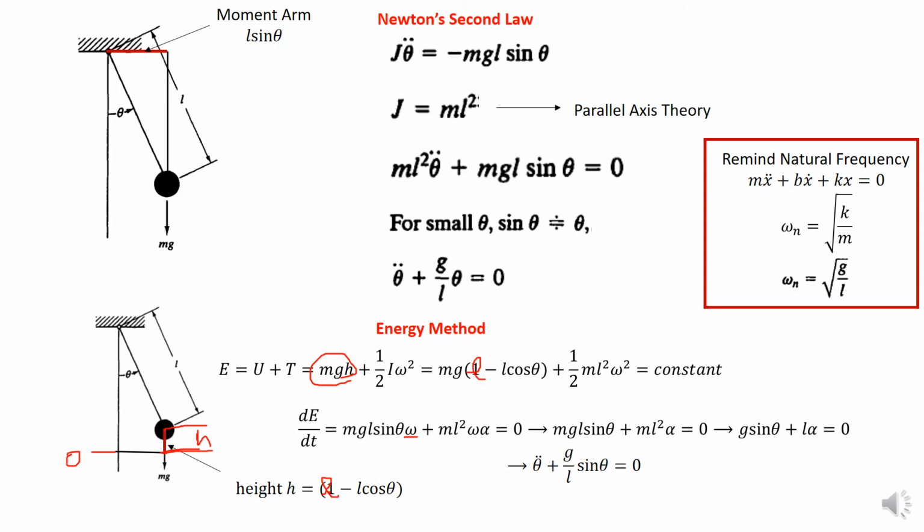And then this part will be mL2 and alpha. Something is wrong here.